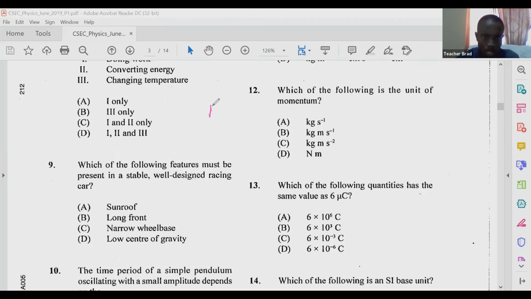We know that momentum p is equal to the mass times the velocity. The mass must be in kilograms and the velocity must be in meters per second.